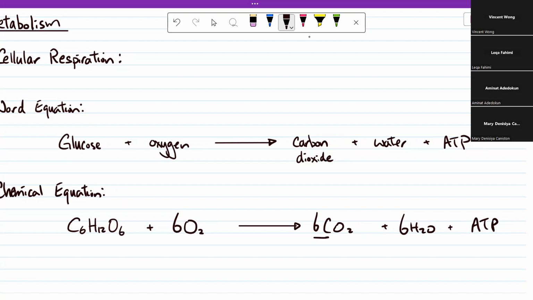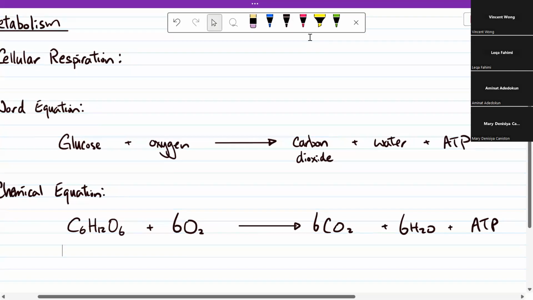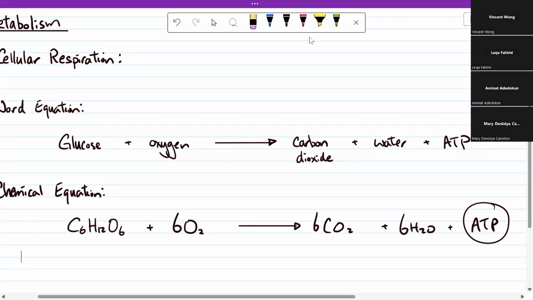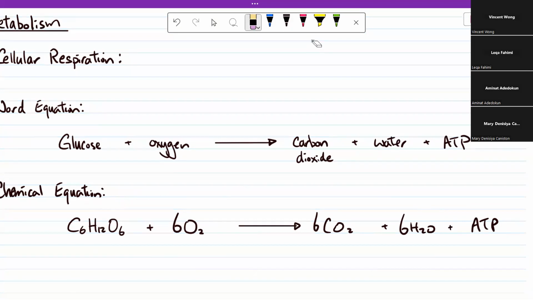For example, I have 6 carbon on both sides. 6 times 2 is 12 hydrogen, and then I have 12 hydrogen, and so on. Now you might wonder, how come there's ATP on the right and no ATP on the left? This is just the energy that you're able to harness from the equation, so it's not part of the atoms. And you can make up to 36 ATPs.